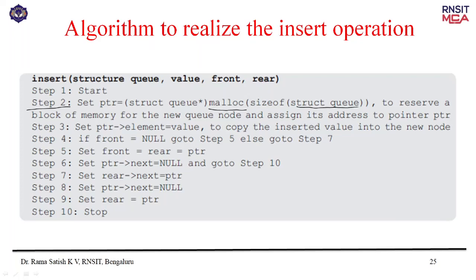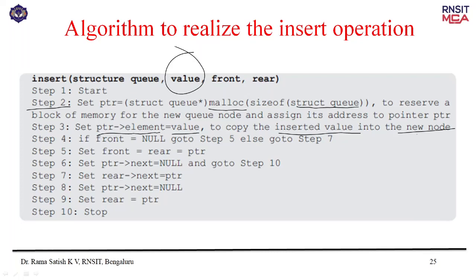The second thing is you are inserting the value into the new node. So pointer dot element is equal to value. Value is the one which you are passing.